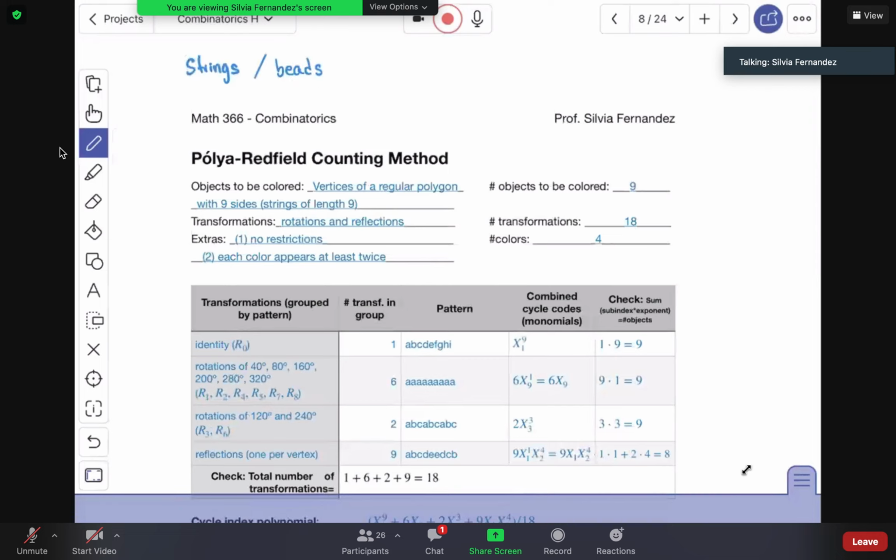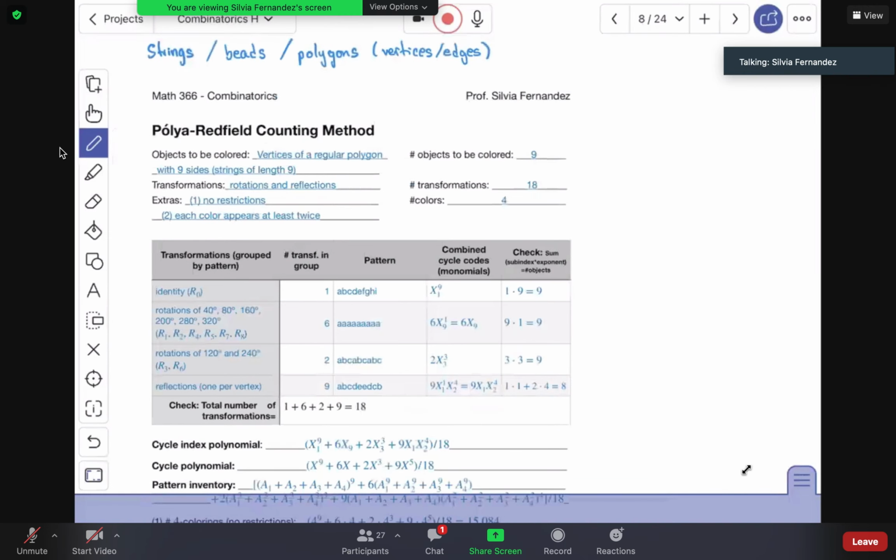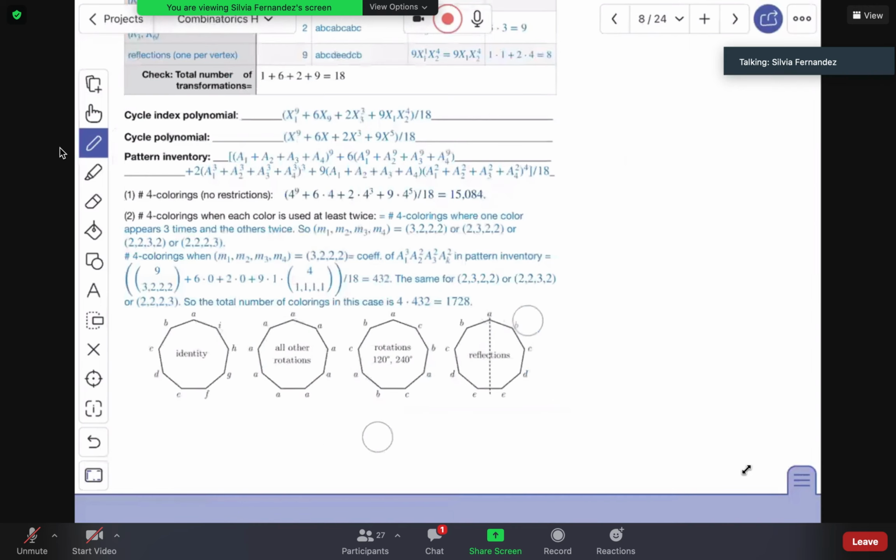Maybe you have different color beads and you're trying to make a bracelet or a necklace, or coloring sides or edges of polygons, or vertices, or beads to create a necklace or a bracelet, or strings, rotations in words or string rotations. Any of those problems looks pretty much like this one. Any of those you can model with a polygon.